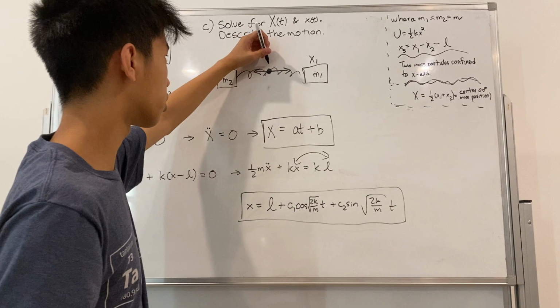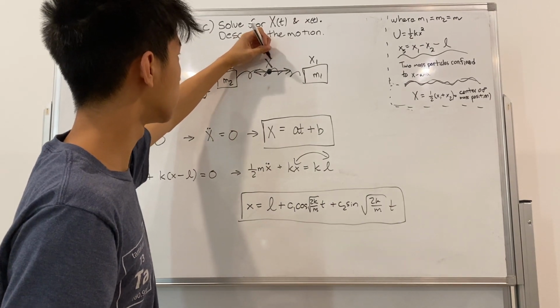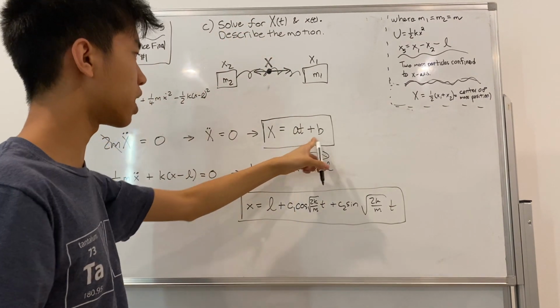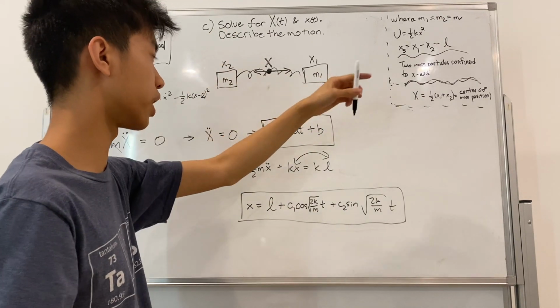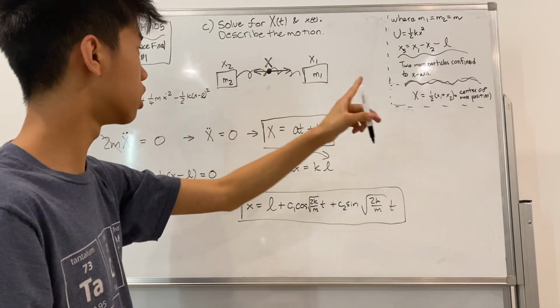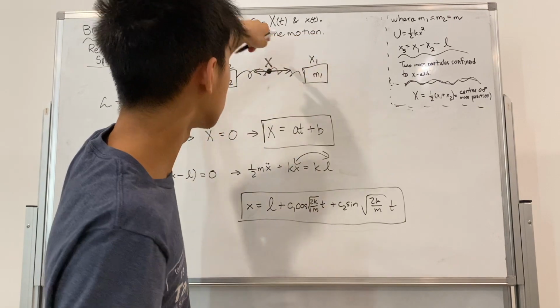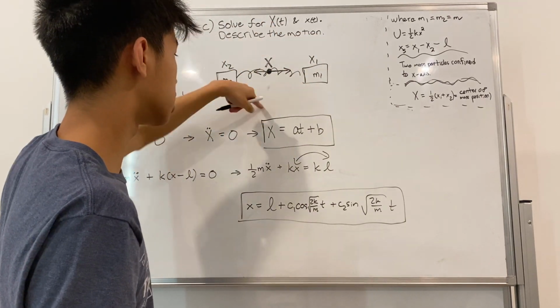So, describe the motion. Well, we know that the center of mass, which we'll just mark here, depends linearly and just moves in one direction. It doesn't oscillate or waver, it just goes in this direction or in this direction at a constant speed.